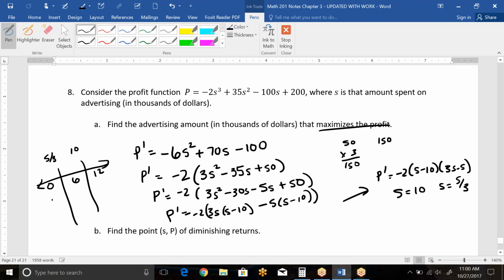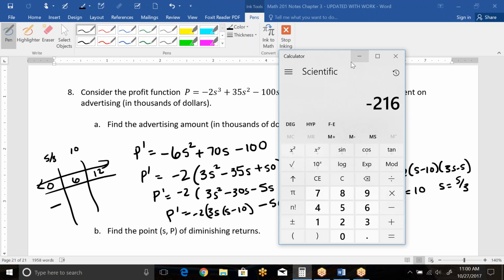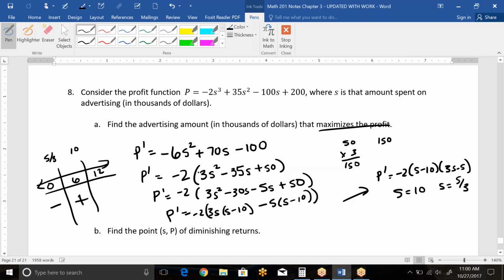Plug them into the first derivative. So if we plug in 0, that's just going to be a negative. If we plug in 6, we'll have to use our calculator. So 6 squared is 36 times a negative 6, and then plus 70 times 6, then minus 100. So that's 104, so that's positive.